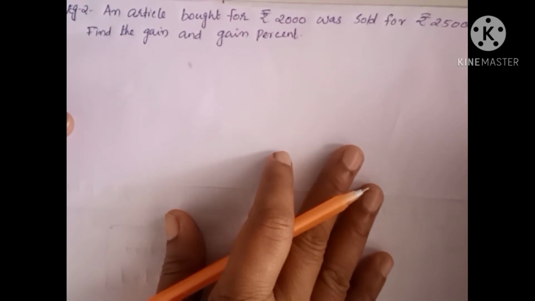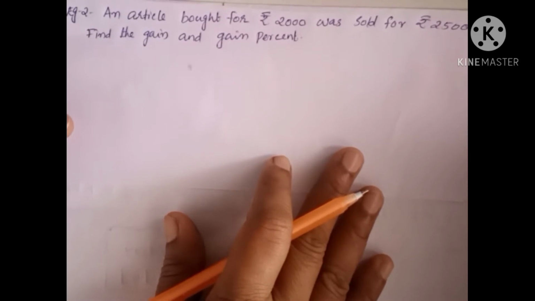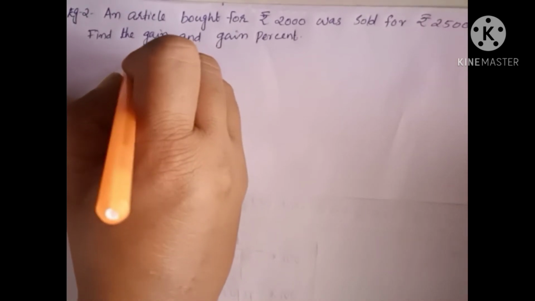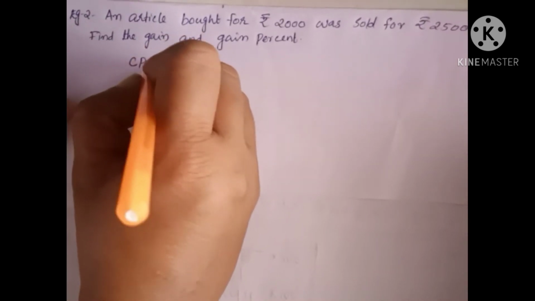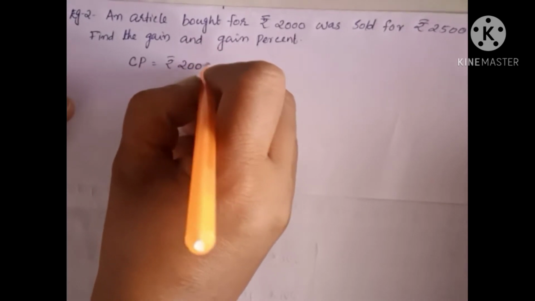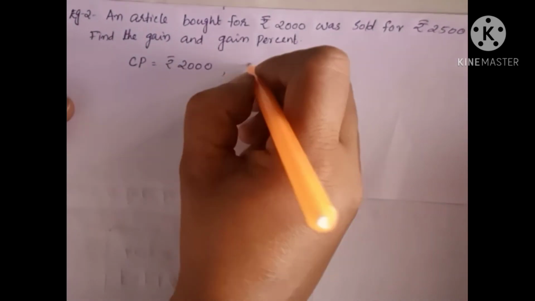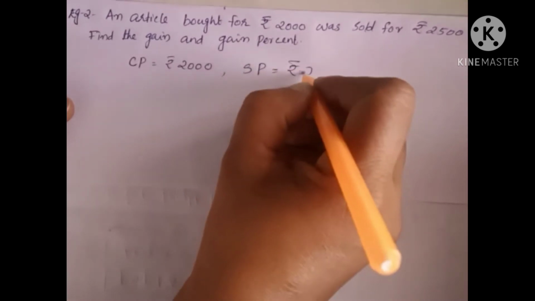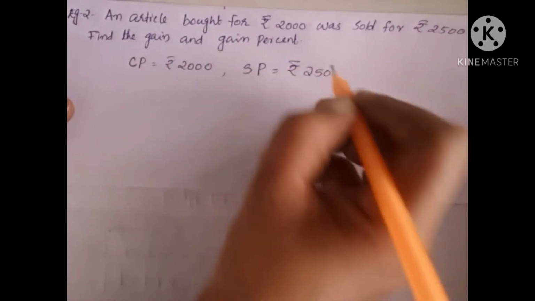Okay. Example 2. An article bought for rupees 2000 was sold for rupees 2500. Find the gain and gain percent. Here CP equals rupees 2000 and SP equals rupees 2500.